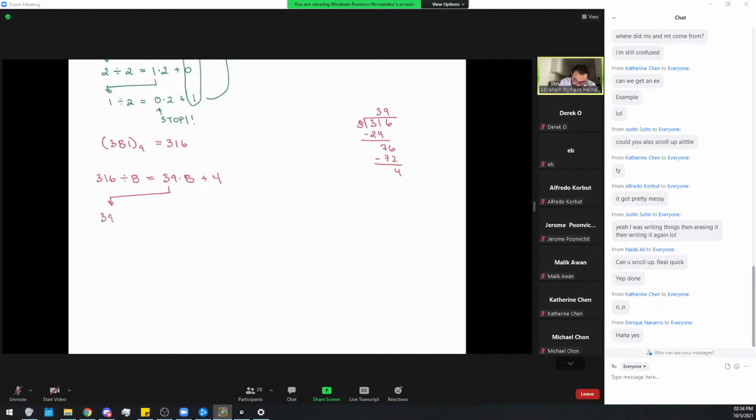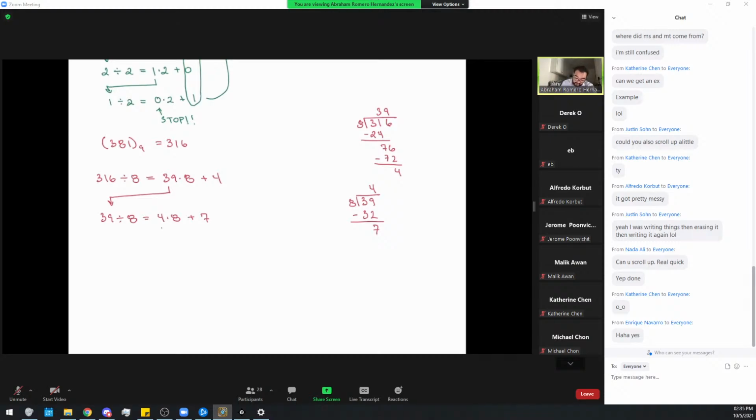So 39 divided by 8. How many times does 8 go into 39 or close enough? That will be 4. So that's 32, and we get a remainder of 7. 4 times 8 plus 7.